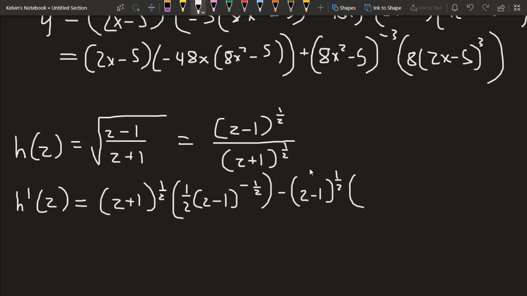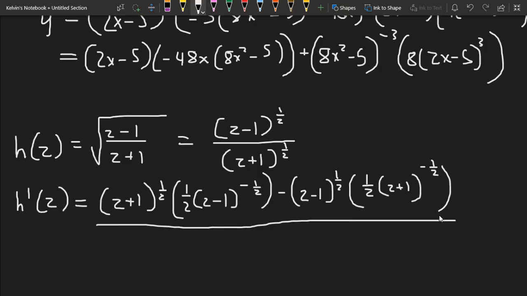So we just have to find the derivative of (z plus 1) now: 1/2 (z plus 1) to the negative 1/2, and then this would just be times 1 as well. So, like so. And then we have to divide this whole thing by low squared, (z plus 1) to the 1/2 squared, which is just z plus 1.